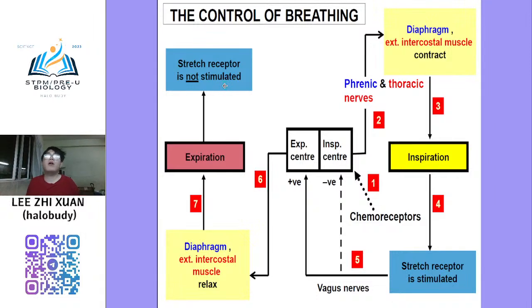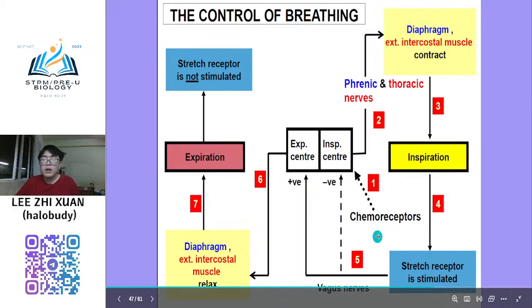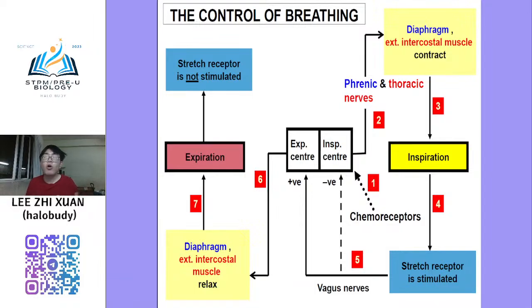This is what we call control of breathing during exercise. So the first one is your chemoreceptor. If your chemoreceptor is not stimulated, then your breathing rate is normal as usual. But when you are doing very vigorous exercise, the pH value of your blood or your cerebrospinal fluid decreases, then your peripheral and central chemoreceptors will be activated and stimulated.